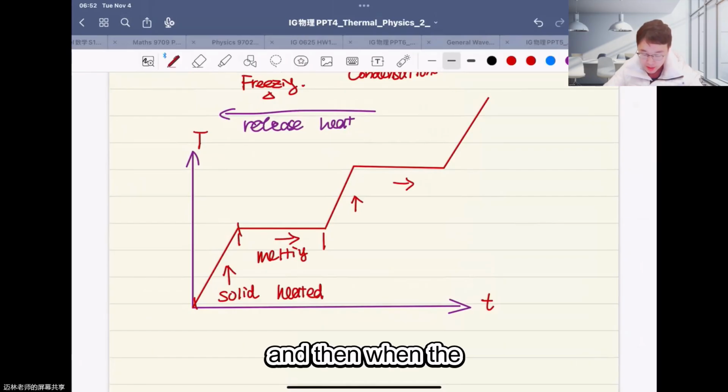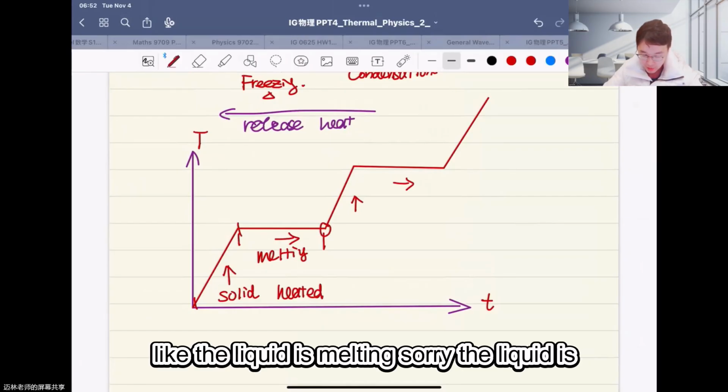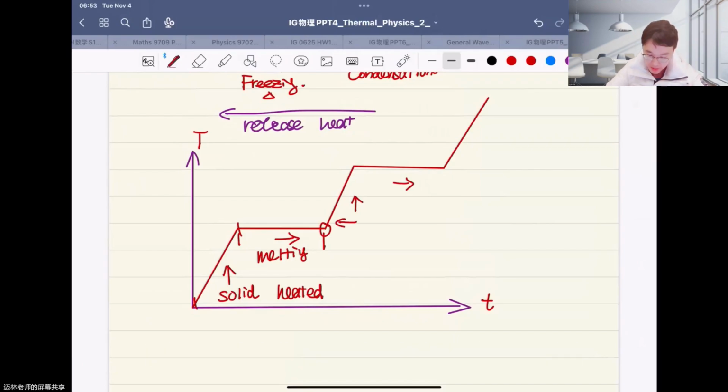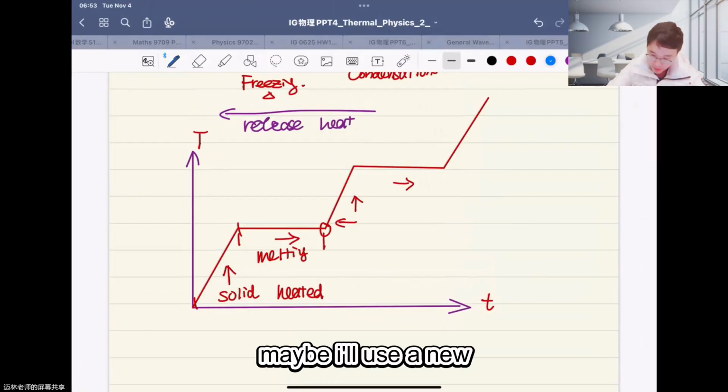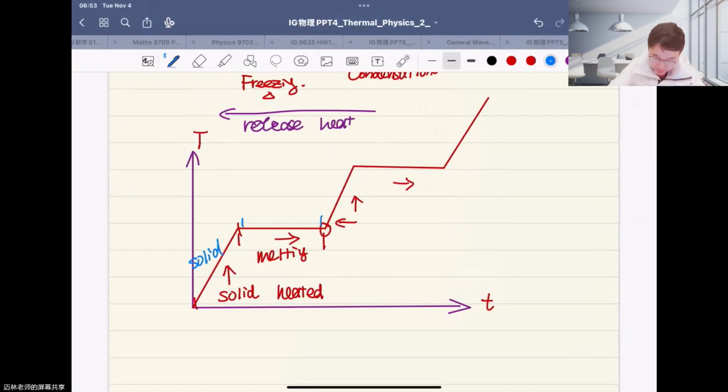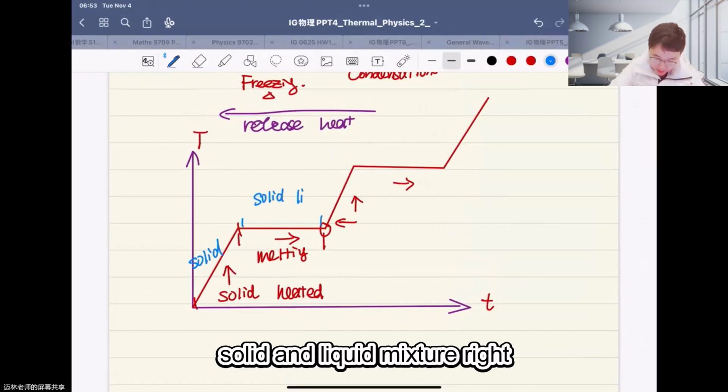And then when the substance is melting, the liquid is adding the new heat into this, because the substance is absorbing heat. So here maybe using a new color. Here is just solid, right? Here is a solid and liquid mixture, right?